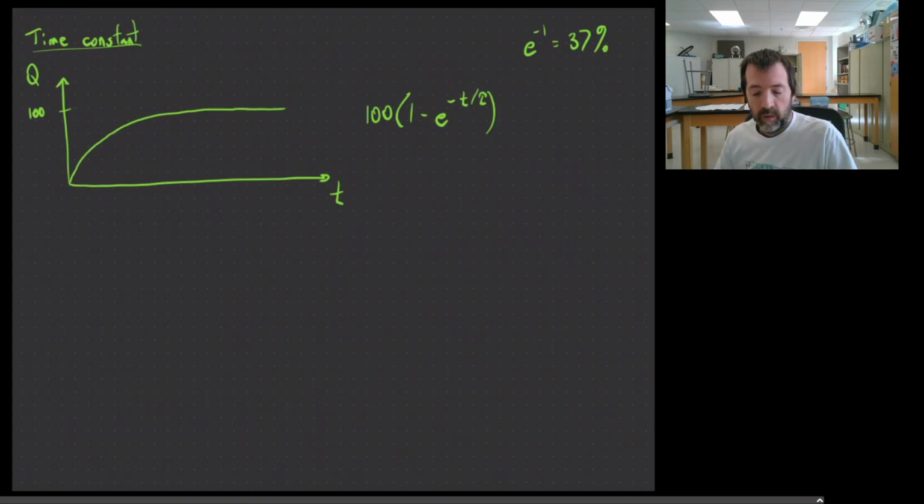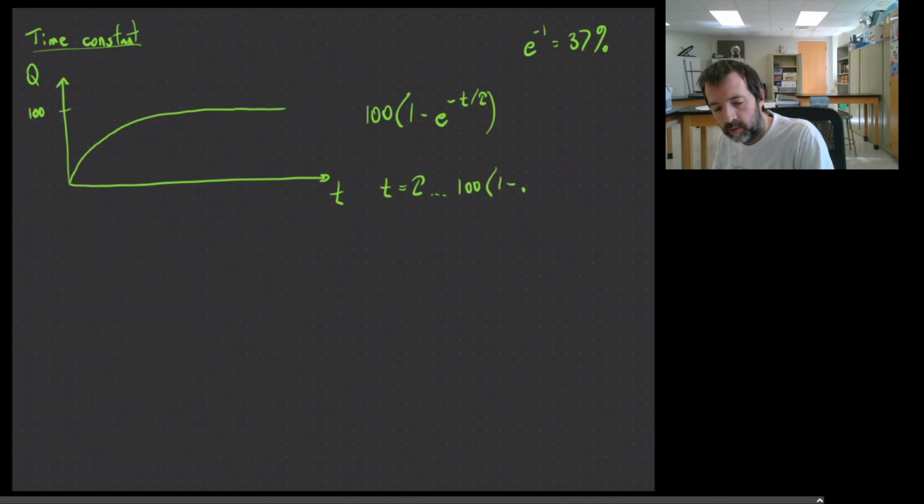So when t is equal to tau, this becomes 100 times 1 minus 0.37, which is 100 times 0.63, which is 63.